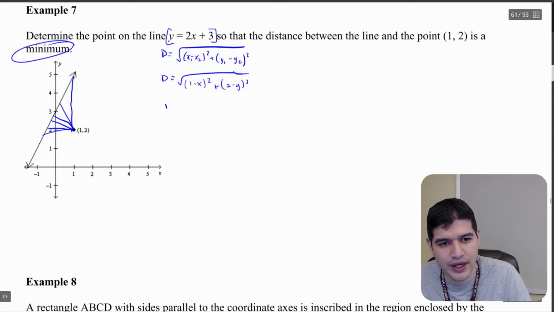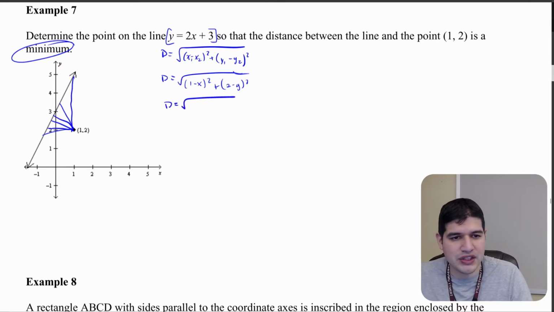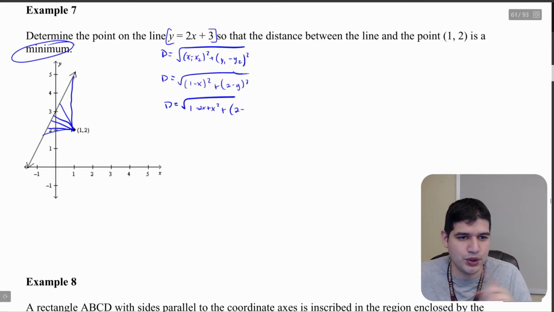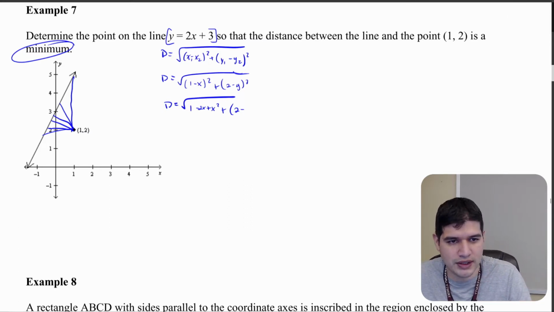So d equals the square root, and I'm going to expand this (1 minus x) squared binomial. We get 1 minus 2x plus x squared, plus (2 minus (2x plus 3)) squared, so I distribute the negative across y. That's 2 minus 2x minus 3, squared.